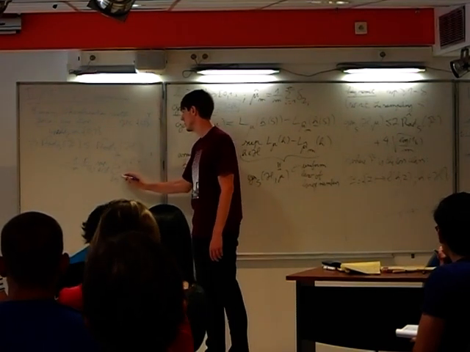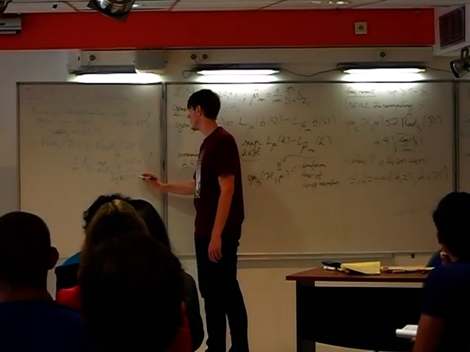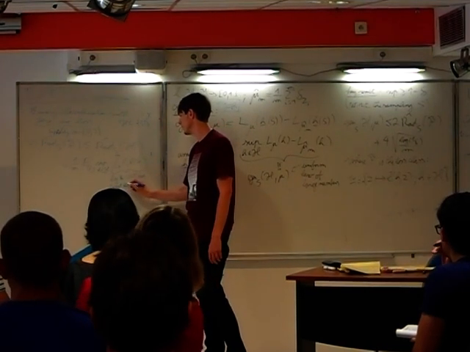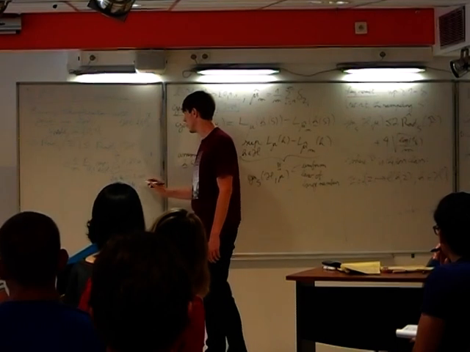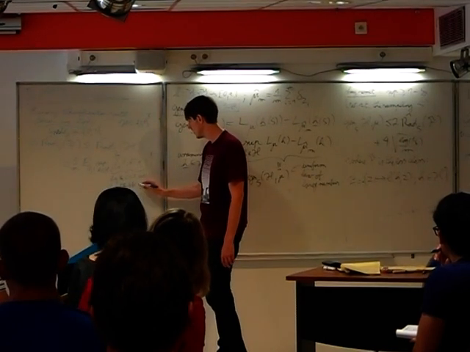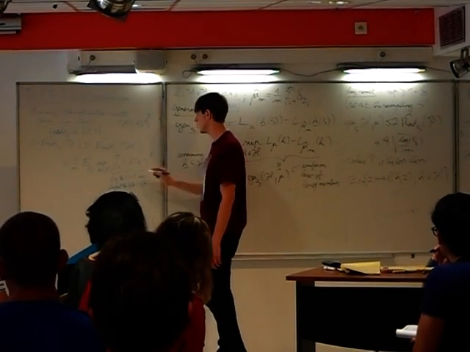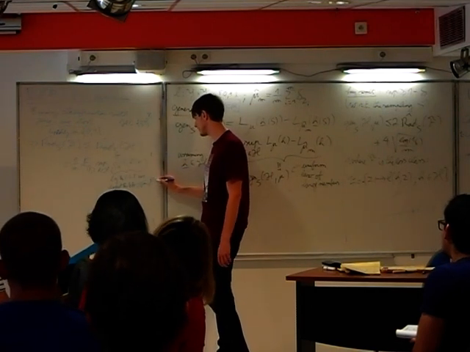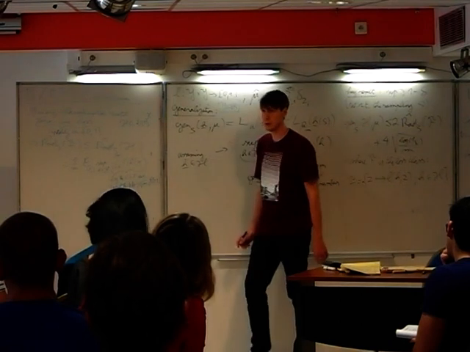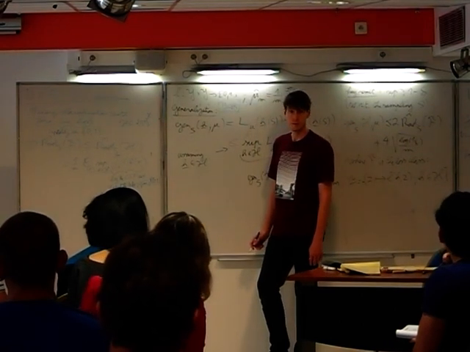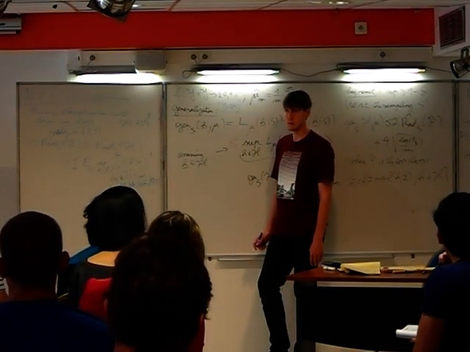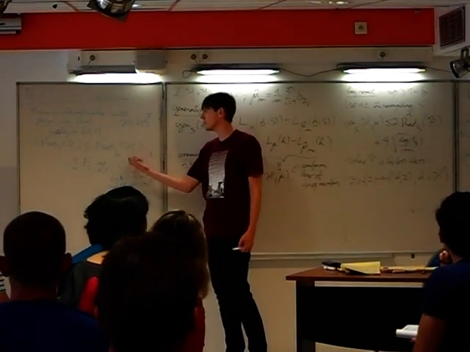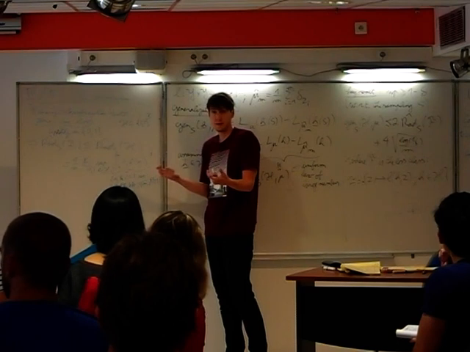we expect square root n, the normalization, times the Gaussian N(0,1). And now I just have many Gaussians like this.